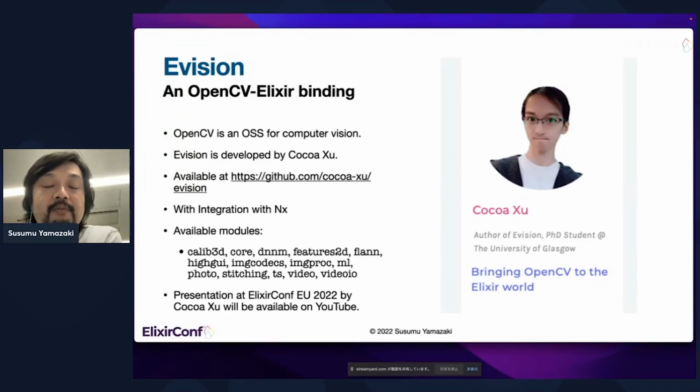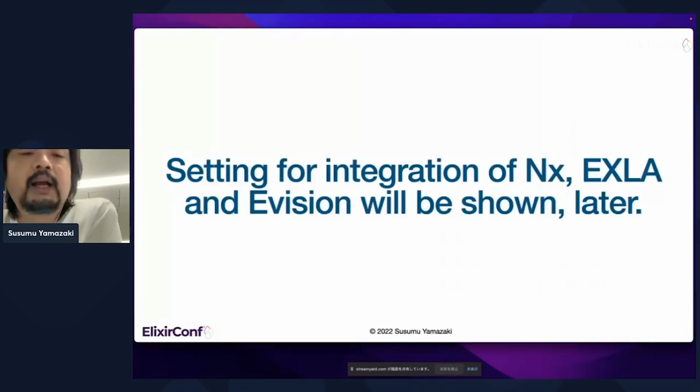The presentation at ElixirConf EU 2022 by Cocoa will be available on YouTube. The title is Bringing OpenCV to the Elixir World. The setting for integration of Nx, Elixir, and Evision will be shown later.